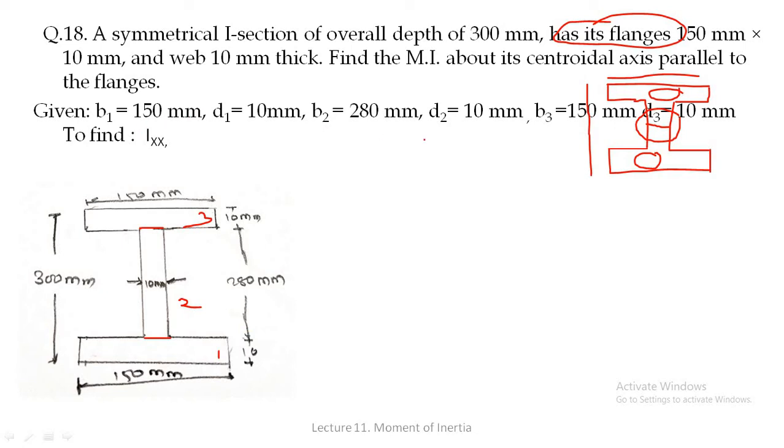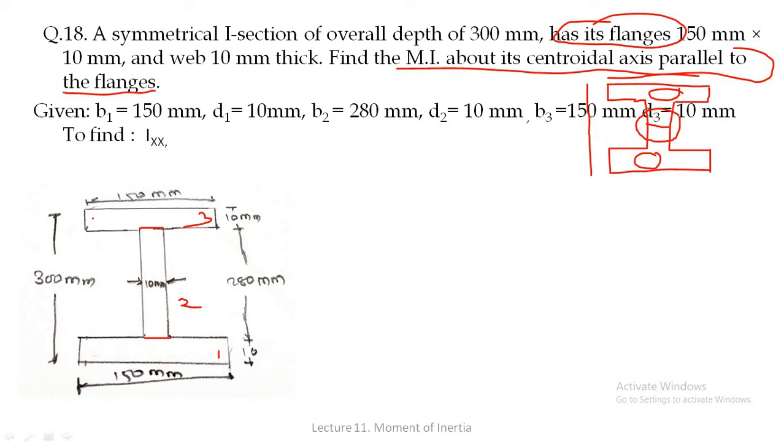After writing the values of all the given quantities, what did they ask us to find? They have asked us to find the moment of inertia about a central axis parallel to the flanges. They have not mentioned the horizontal central axis or an x-axis as such. Instead, they have asked for the moment of inertia about an axis parallel to the flange.